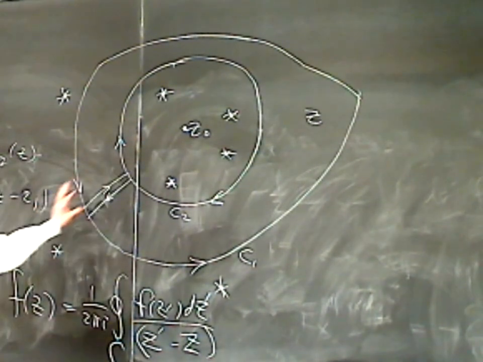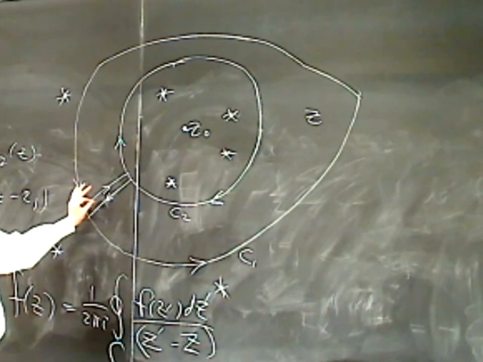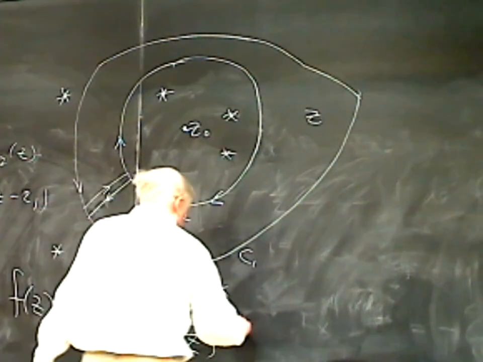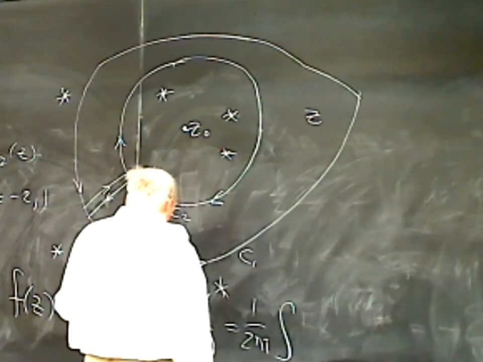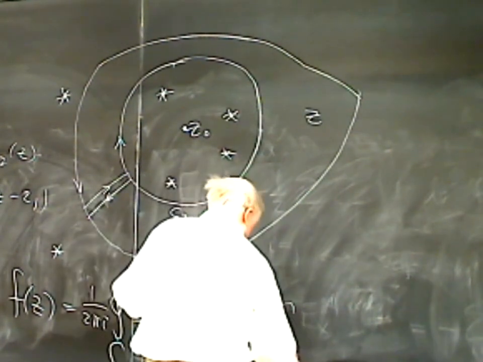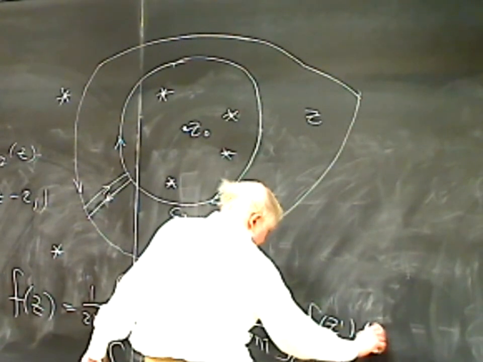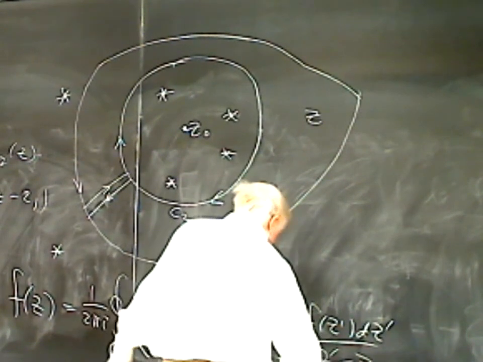Okay, well, the first thing we do is we bring these two lines close together, and then they cancel exactly. So we can rewrite this thing as 1 over 2 pi i times the integral around C1 of f of z prime dz prime over z prime minus z.